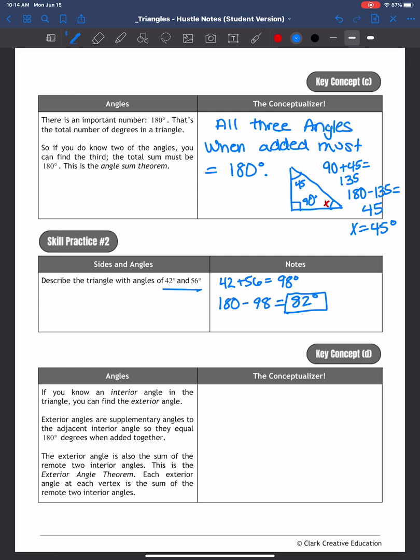So basically, when we have our triangle, right, we have 51 degrees, we have 53 degrees, and right here we have 73 or 76.